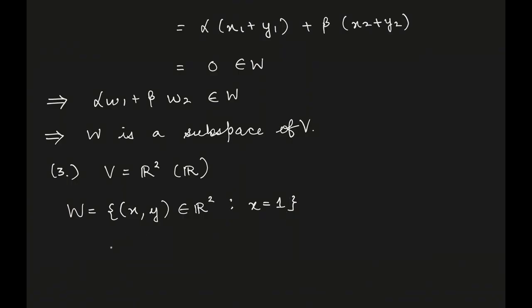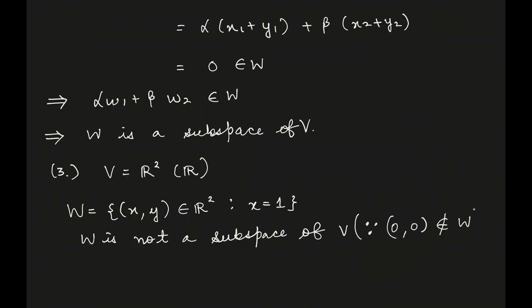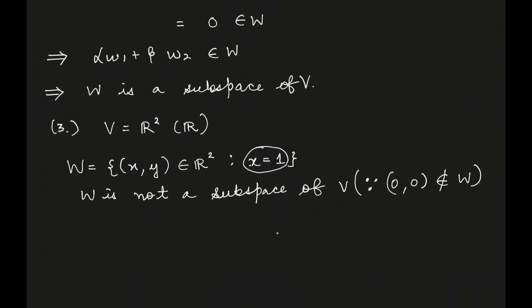The additive identity can't be applied because x equal to 1 is fixed. W is not a subspace of V because (0, 0) does not belong to W, because x equal to 1. This value is fixed.